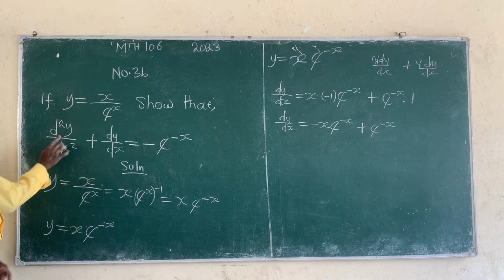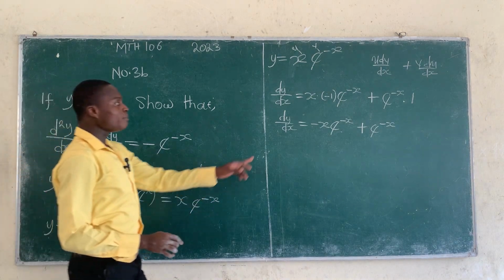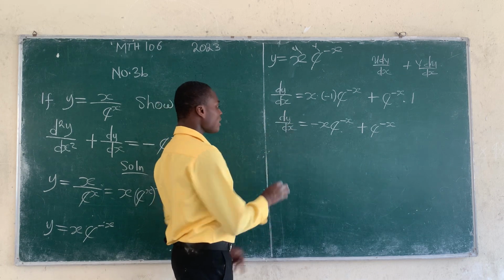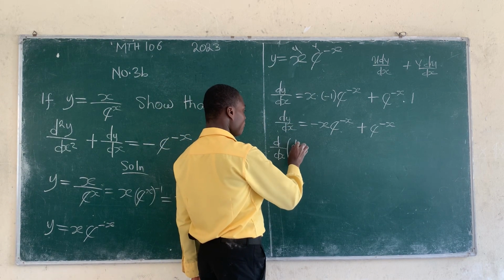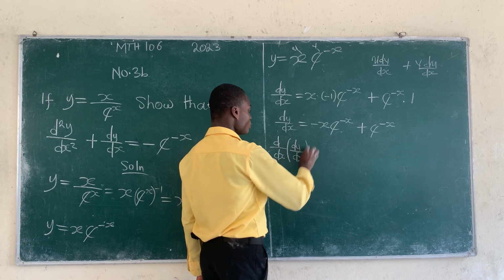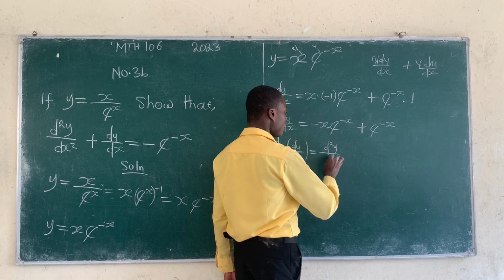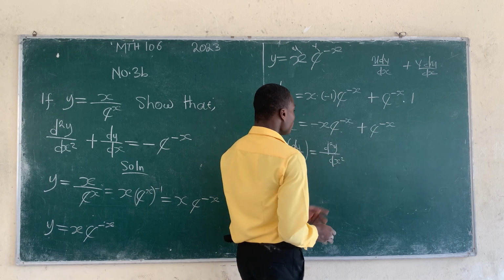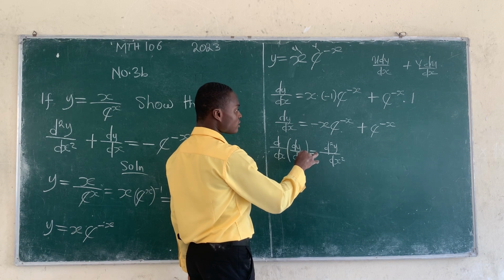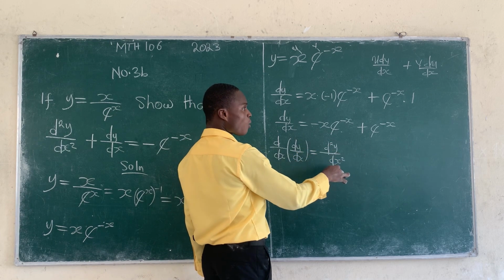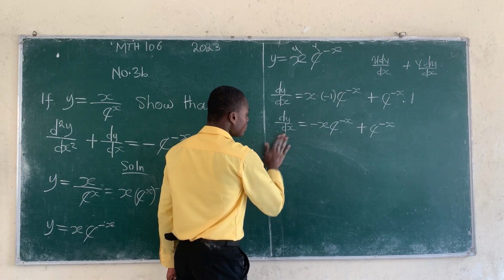The next one we need to find is d squared y over dx squared. It simply means we differentiate dy dx, that is, differentiate with respect to x of dy dx. So what we want to do is to redifferentiate dy dx and then obtain d squared y over dx squared.